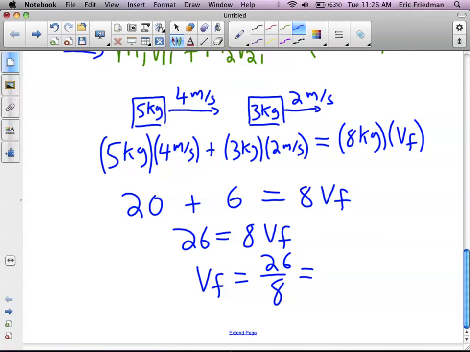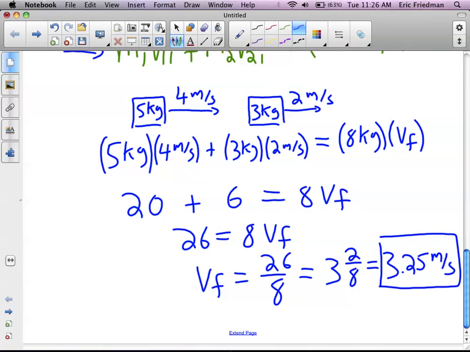Okay, so now we got to do some mental math here. I know that's going to be 3, and I'm going to get 2 eighths left out of it. And an eighth is 0.125, so 2 eighths is a quarter, right? So that's going to be 3.25 meters per second. There's my answer. So that's how fast they're going after they collide.